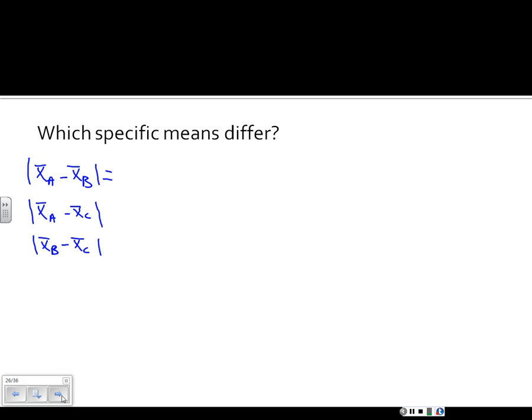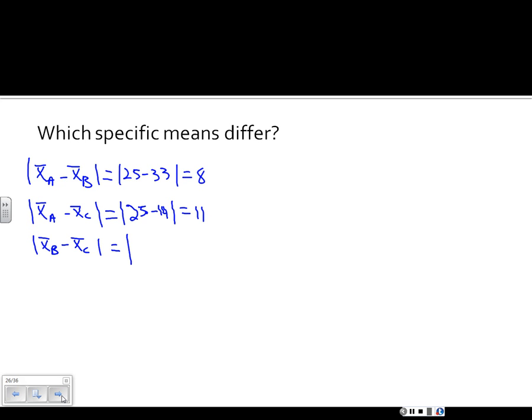So A and B, that's the absolute value of 25 minus 33, that's 8. And then for A and C, 25 minus 14, that's an absolute value difference of 11.